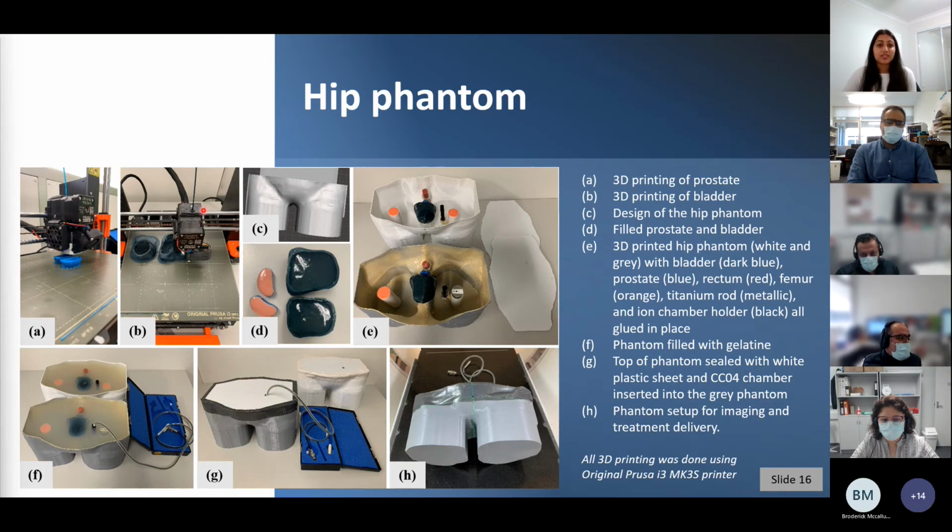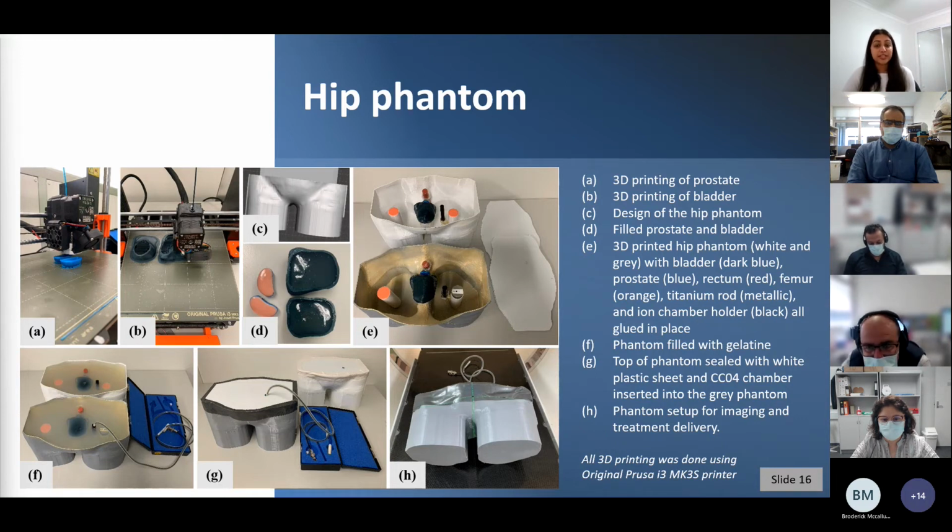And shown here are just a few photos of the phantom construction. And all parts of the phantom were 3D printed at Charles Gairdner Hospital. And again, 2 phantoms were constructed, one with titanium rod in place of a femoral bone, and the other phantom with no titanium or no metal inserts.